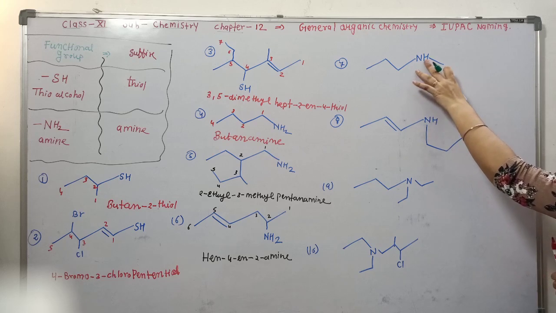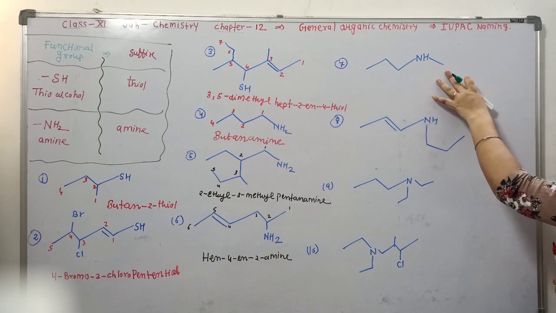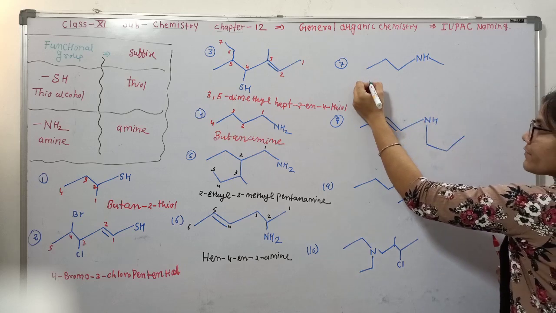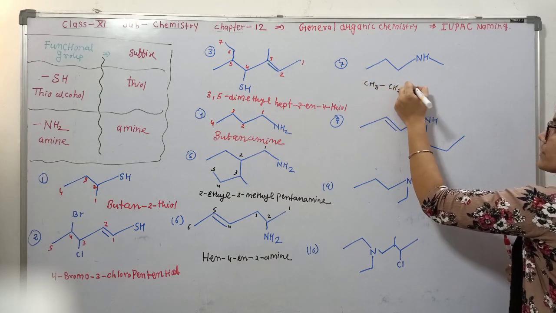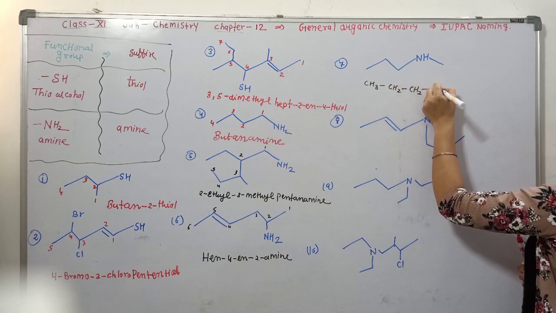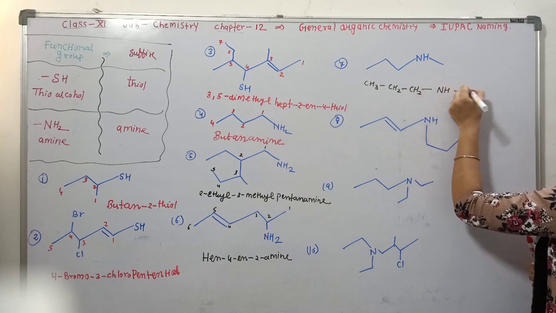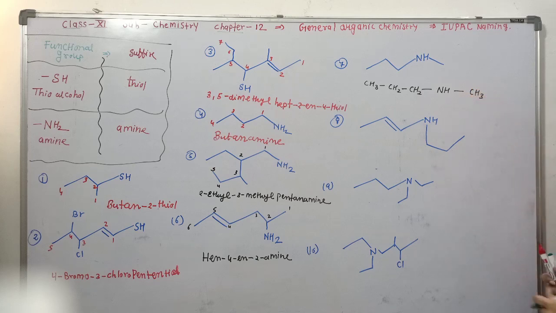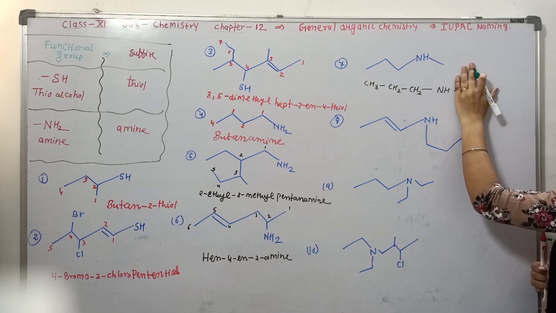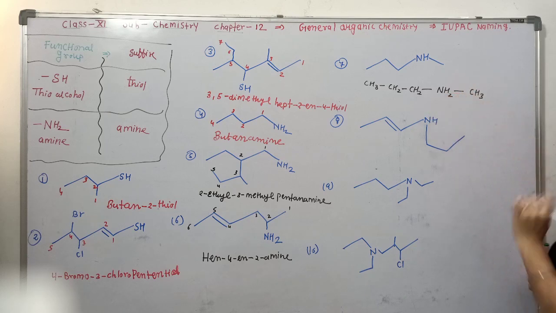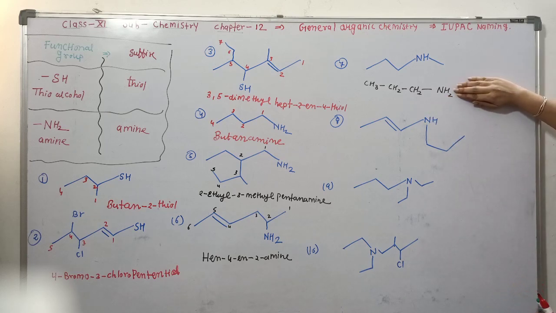One hydrogen is replaced by another carbon. So let's open it for more convenience. It is CH3, CH2, CH2, NH, CH3. It's like this. So let's name the compound.